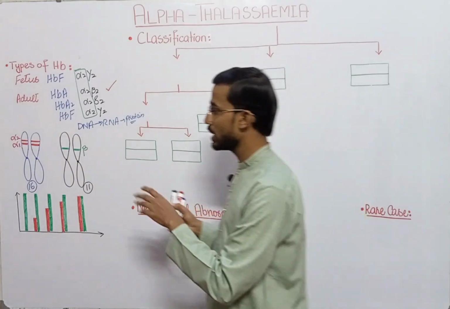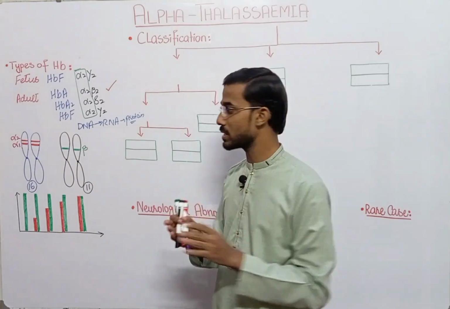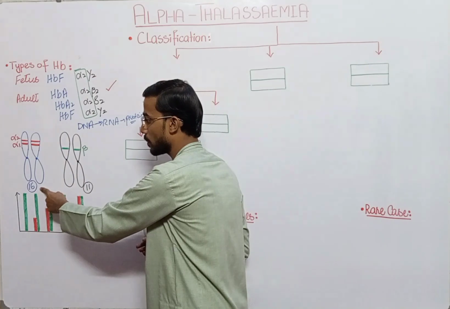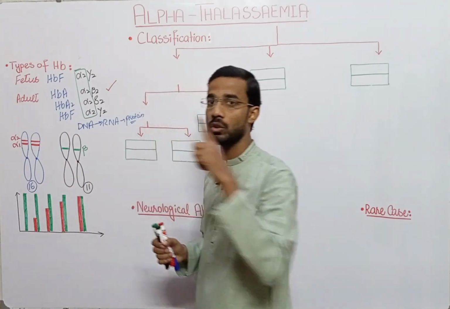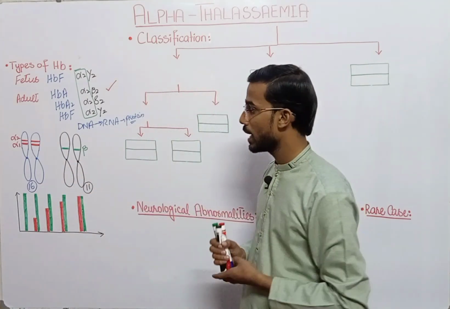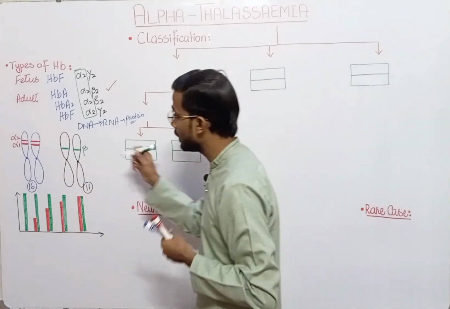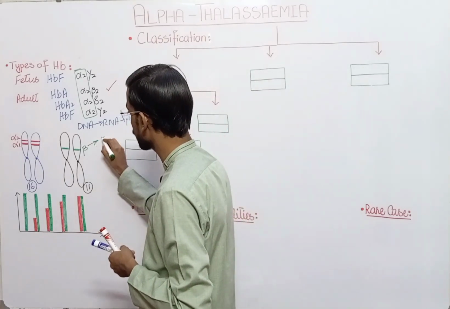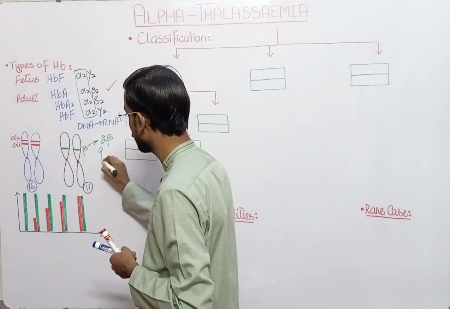So these are the alpha genes on chromosome 16 and the beta genes on chromosome 11.